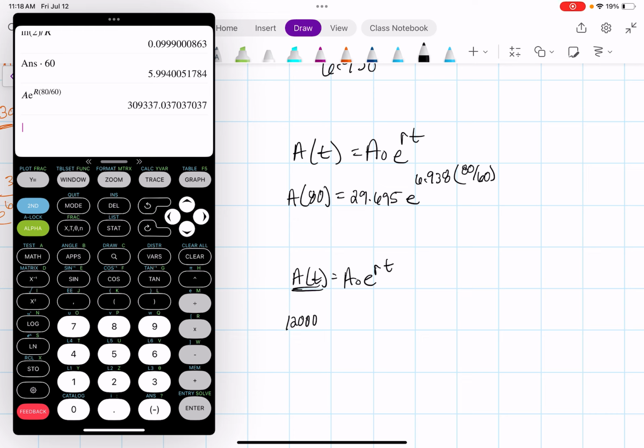We started with 29.695. r is 6.938. We're looking for t. Now when I do this, t is going to be in hours, so I'm going to be careful of that. Take both sides, divide by the 29 number. So I have 12,000 divided by 29.695 is equal to e to the 6.938t.